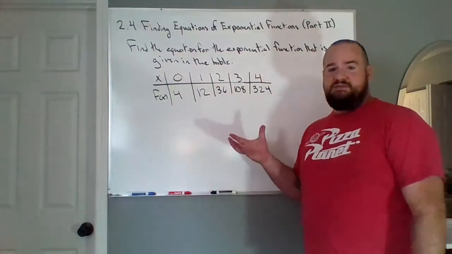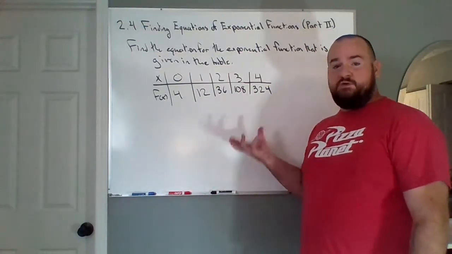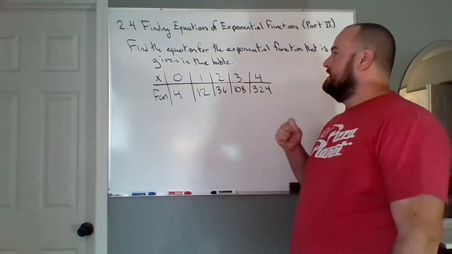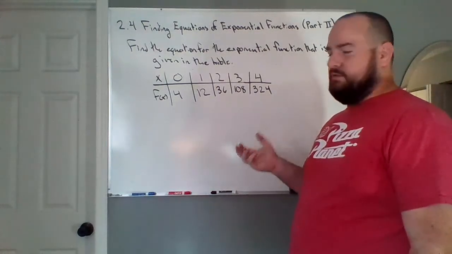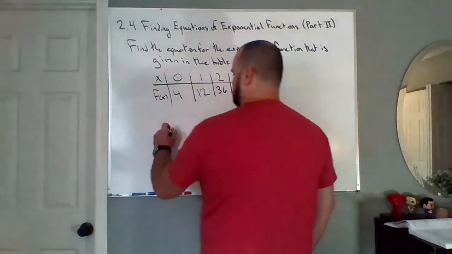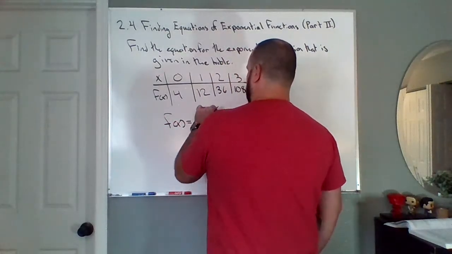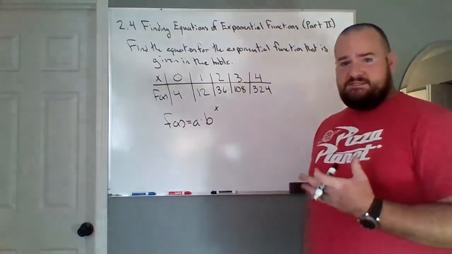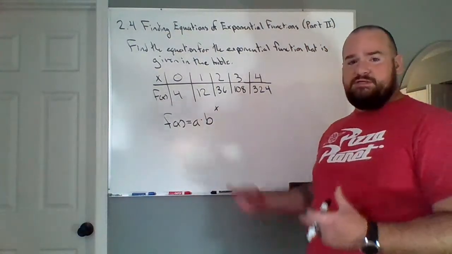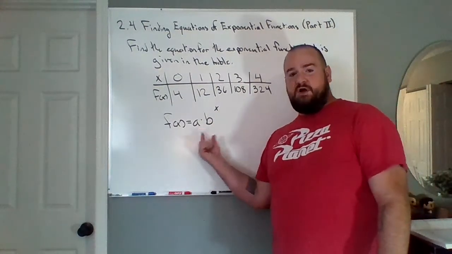So, we have this table, and I want to create the actual equation of this exponential function. What we have to remember is that the equation of an exponential function looks like this. And so what we need to identify is what the a and b values are.